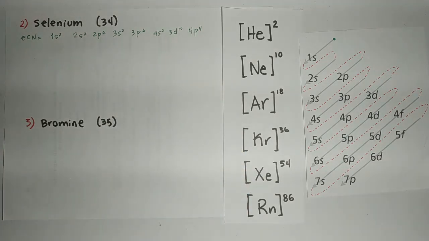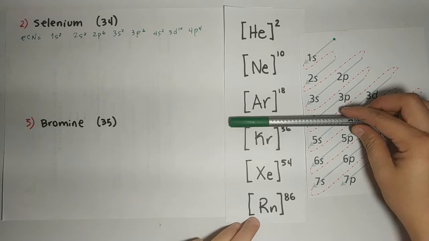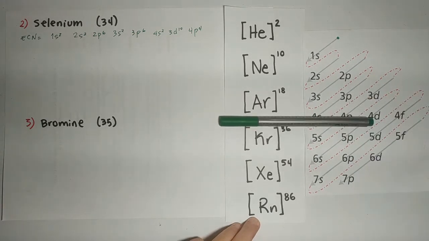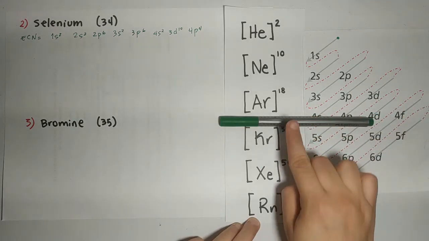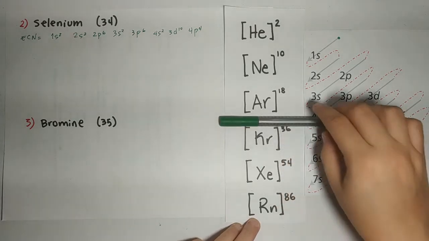So we did right. Now, we're going to look for the element that is right before selenium, not the closer, the one that is before. Selenium will be between argon and krypton. Yes, it's closer to krypton than argon, but the one that we're going to use is the one before, that is argon.